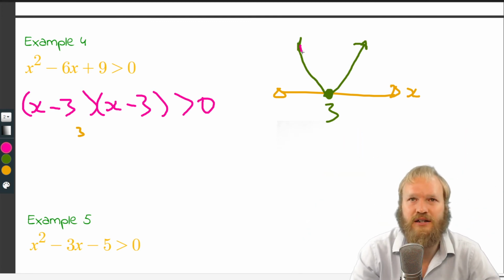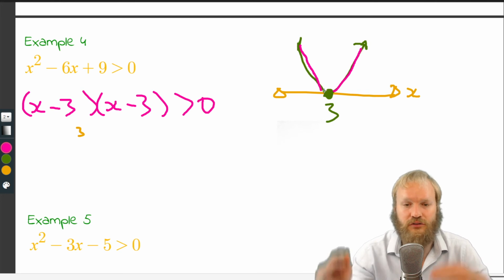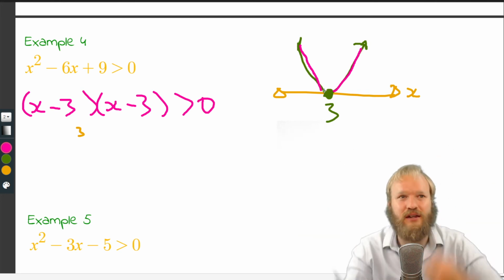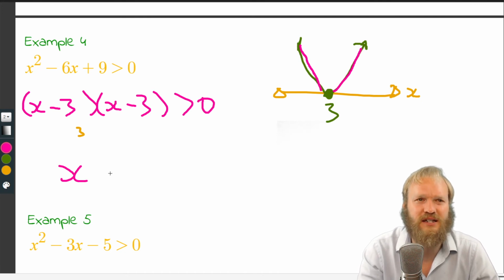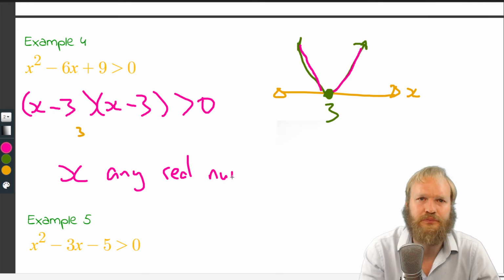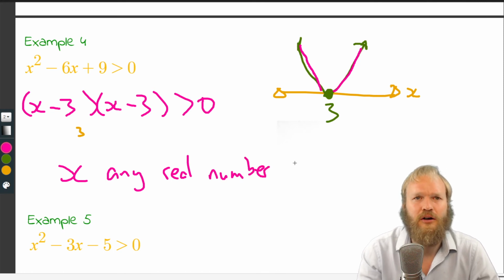If I highlight it, I can highlight everything in this parabola except that 3, because that's on the x-axis and it needs to be greater than. So in this case, x is basically any real number, but x is not equal to 3.